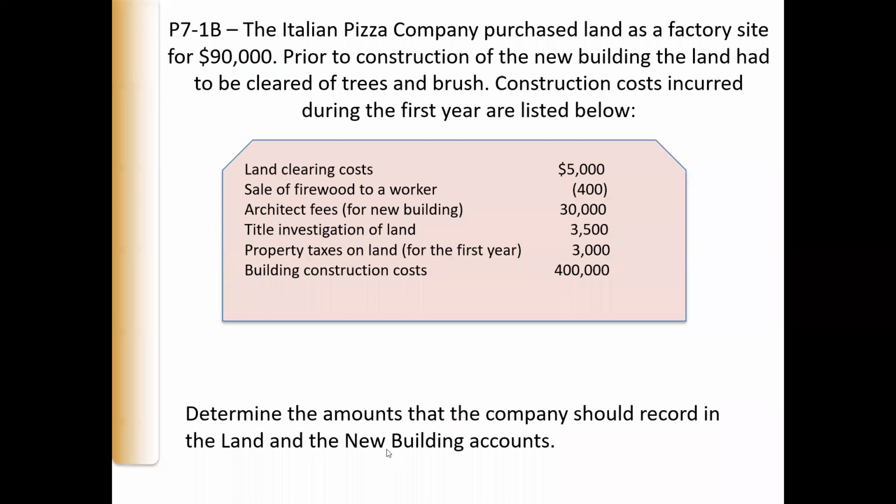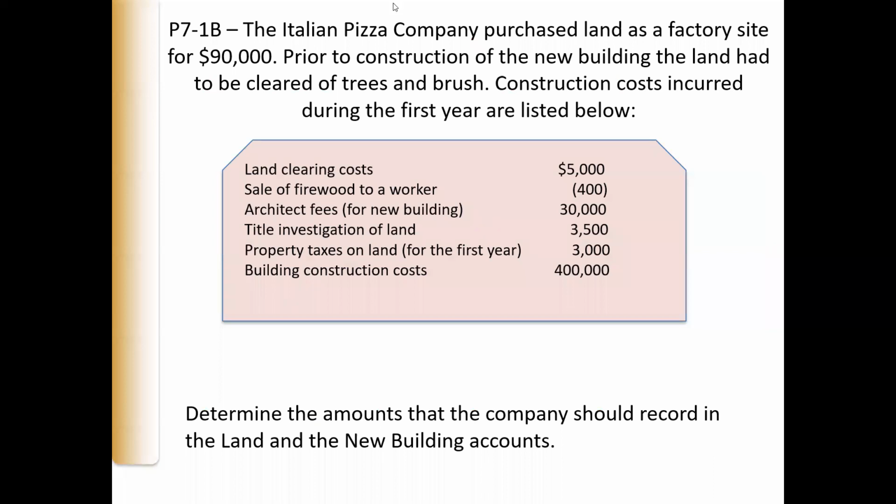Here's our first problem here. Italian Pizza Company purchased land as a factory site for $90,000 prior to construction of the new building. The land had to be cleared of trees and brush. Construction costs incurred during the first year are listed below.